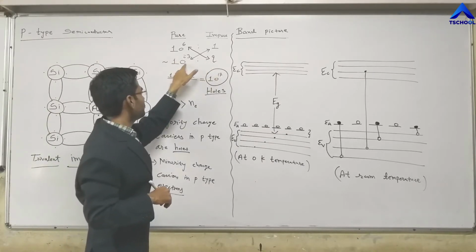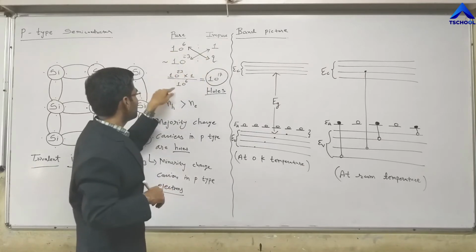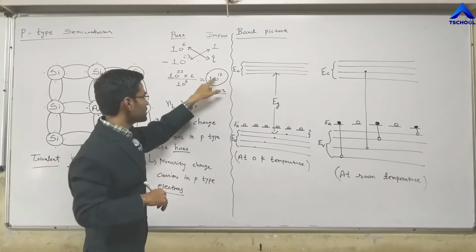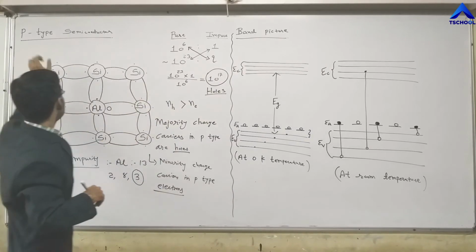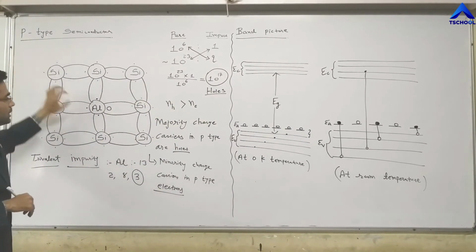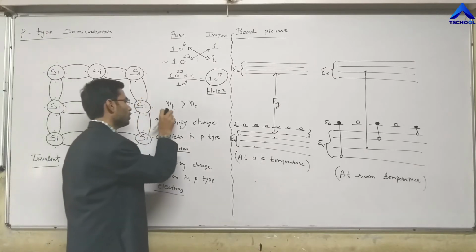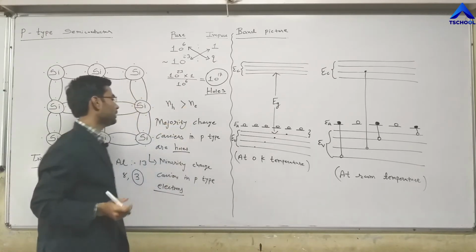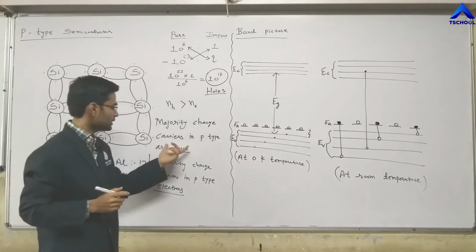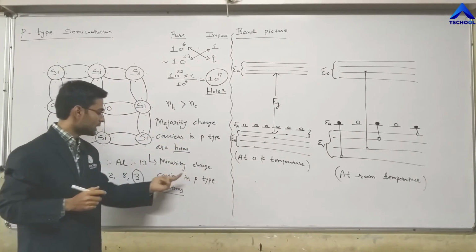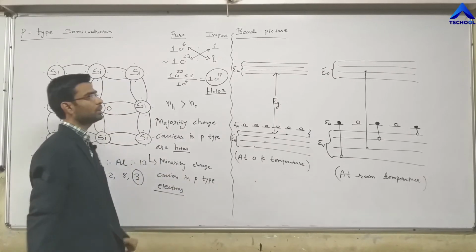Cross multiply: 10 power 23 into 1 divided by 10 power 6 is equal to 10 power 17. So 10 power 17 extra holes are obtained in the p-type silicon semiconductor crystal, meaning the number density of holes is greater than the number density of electrons. The majority charge carriers in p-type semiconductors are holes, and the minority charge carriers are electrons.